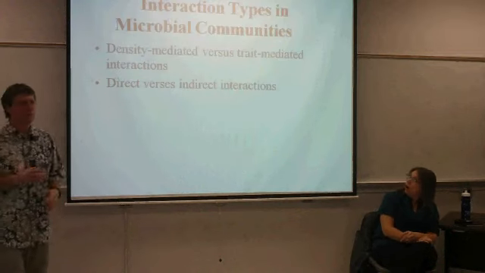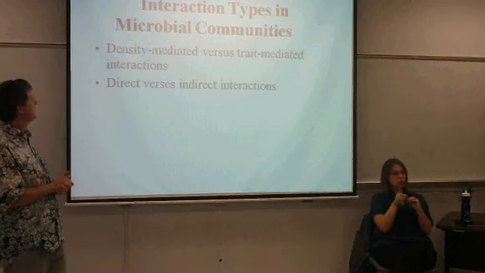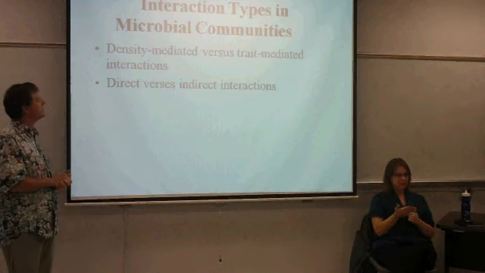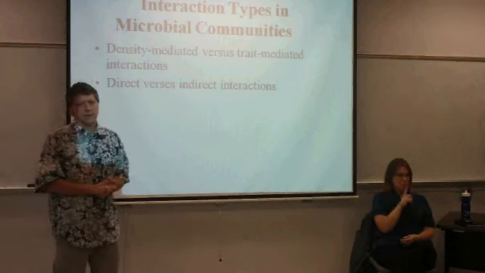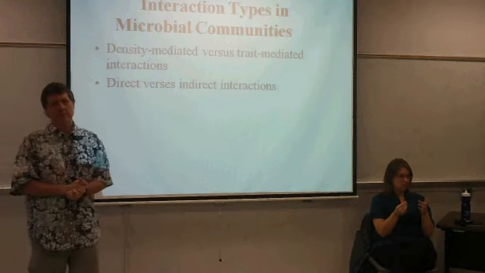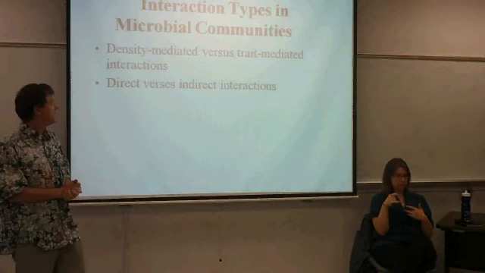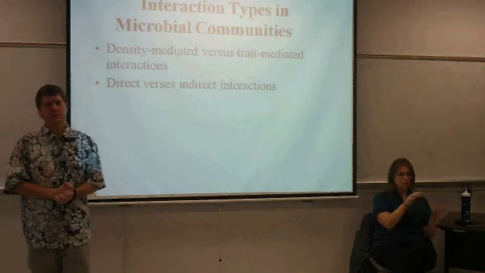Okay, so now, we've talked about movement, and we're going to talk about some of the different ways that organisms interact. And some of these are really general, and will apply to the way all species interact, because they're just other species. The first idea is density-mediated versus trait-mediated interactions.